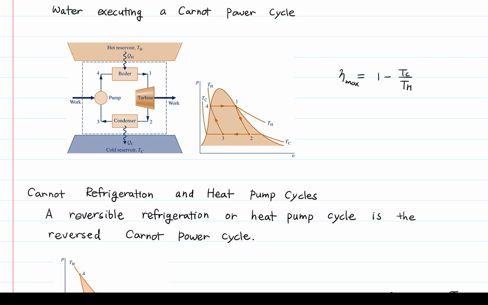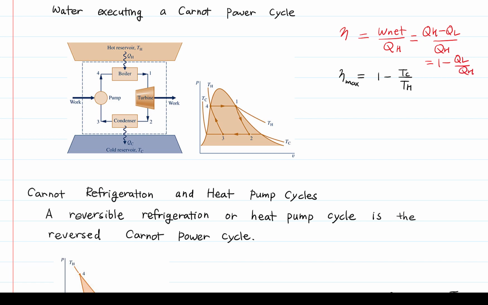The thermal efficiency for the Carnot cycle is W net over QH, which is the desired output divided by the required input. So we apply the first law of thermodynamics. W net is QH minus QL, which is 1 minus QL over QH.